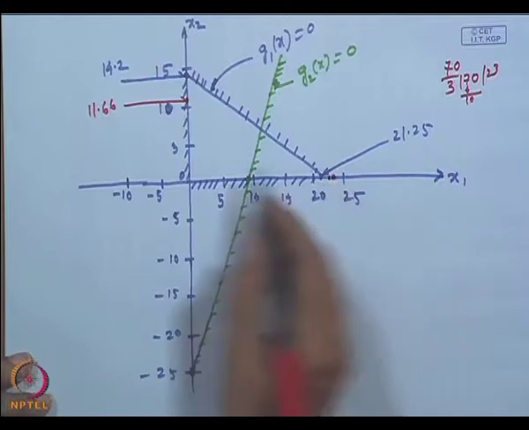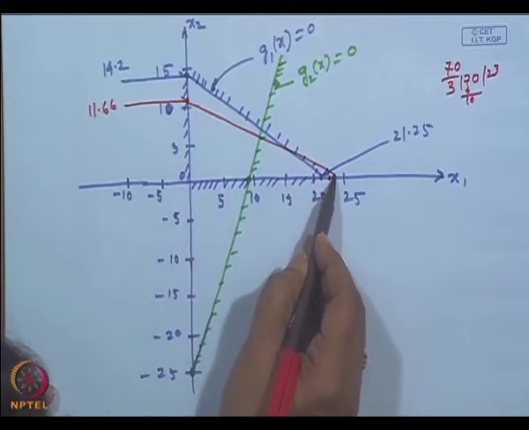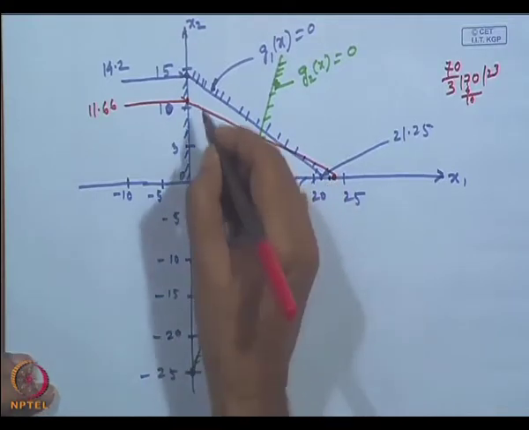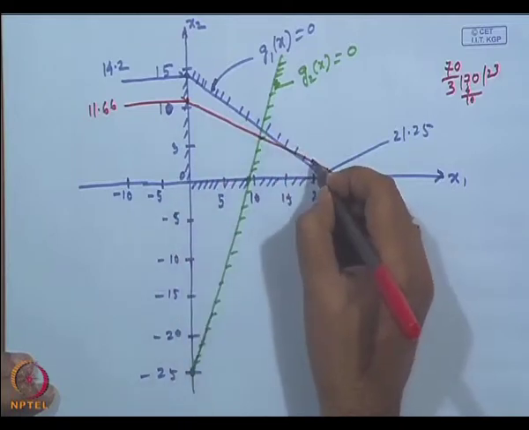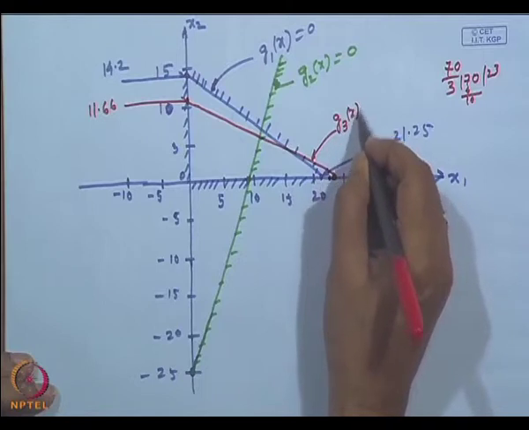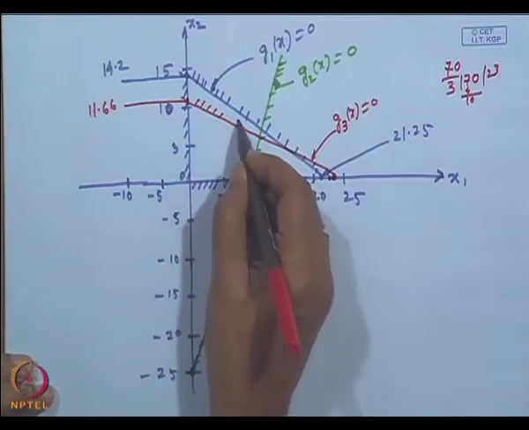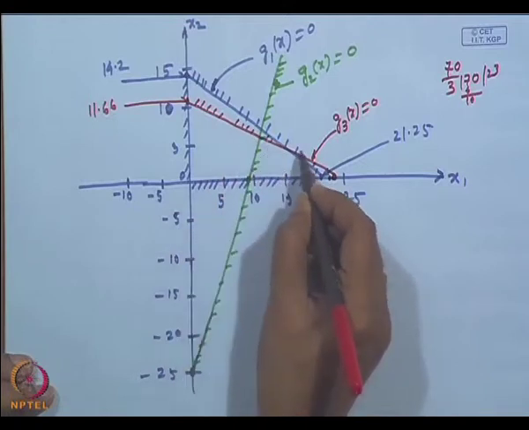I am plotting with the equal sign. On the line, g 3 of x is equal to 0, and since it is less than this, the region is that one.